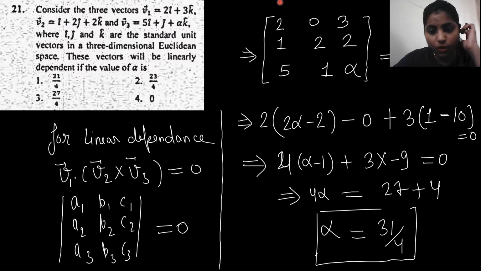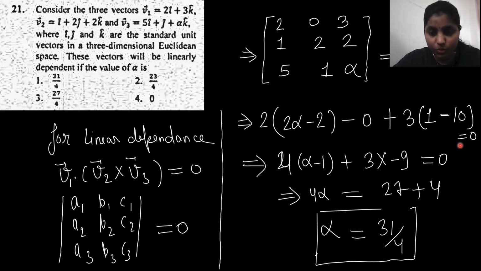So we all know how we solve the matrix. 2 into, we'll multiply 2 with alpha minus 2 into 1. So 2 into 2 alpha minus 2, minus A12 is 0, so this will be 0, plus 3 into 1, 1 into 1, 1, minus 2 into 5, 10.